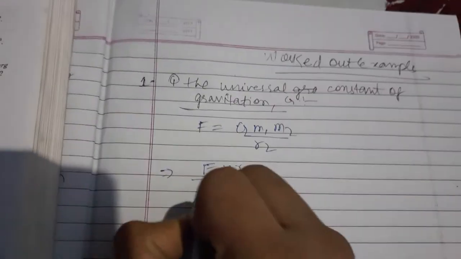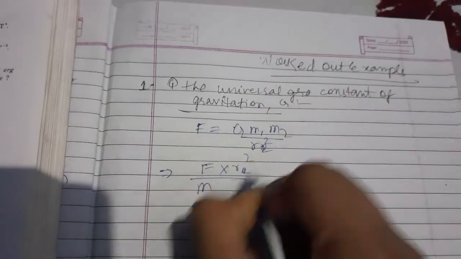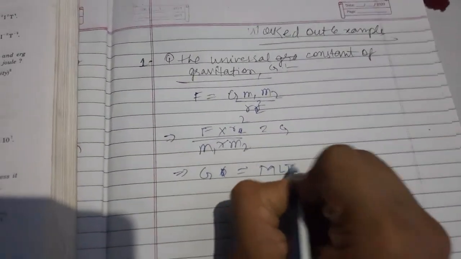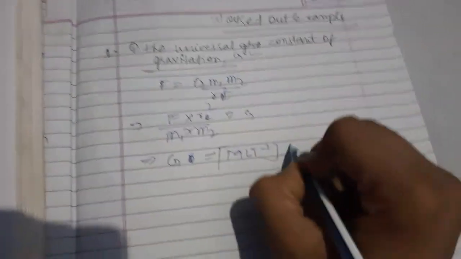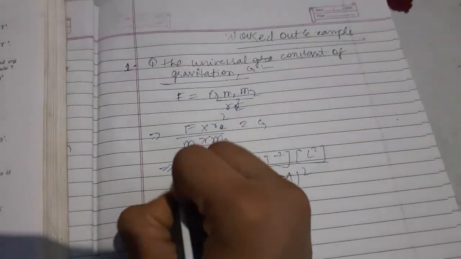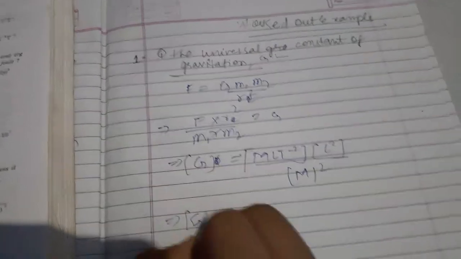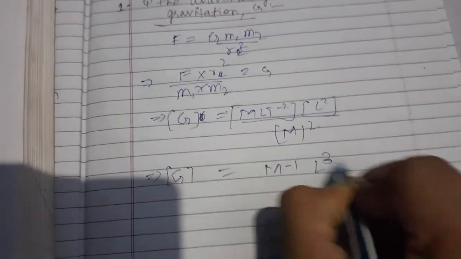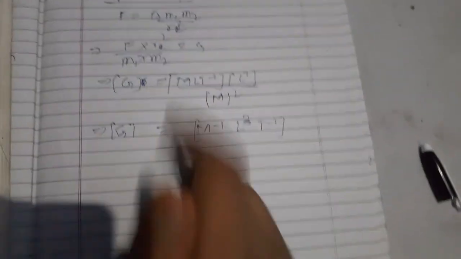So G equals F into r square by m1 m2. Putting the dimension of force, M L T minus 2, length L square, mass M square. So dimension of G equals M minus 1 L 3 T minus 2.